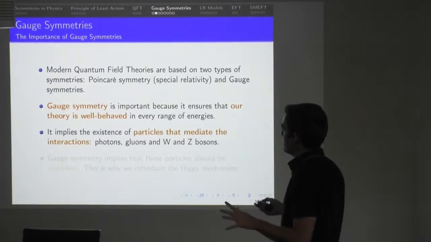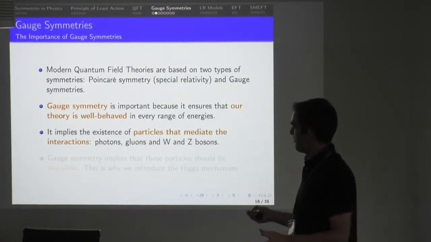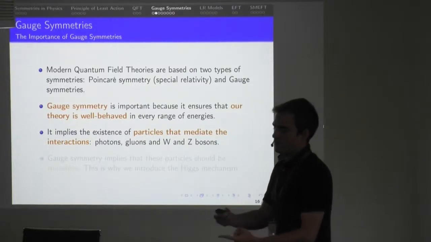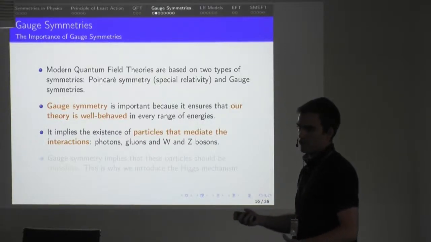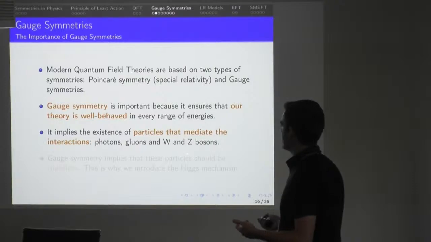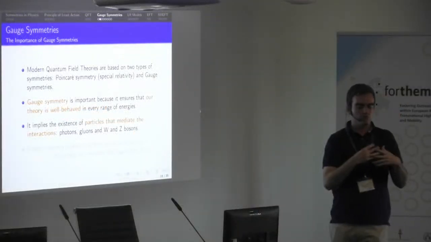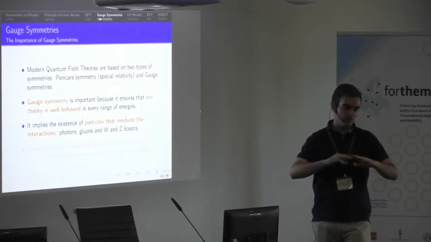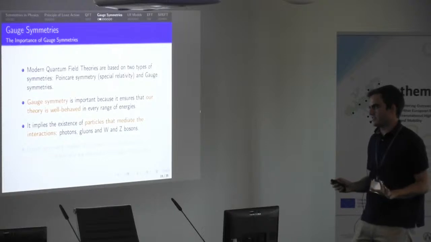And these symmetries imply the existence of particles that mediate interactions. Photons, associated with the electromagnetic interaction, gluons, the strong interaction responsible for holding together nuclei, and W and Z bosons, associated with the weak interaction, which is responsible for some phenomena like the nuclear decay and other stuff which is more important in high energy physics.